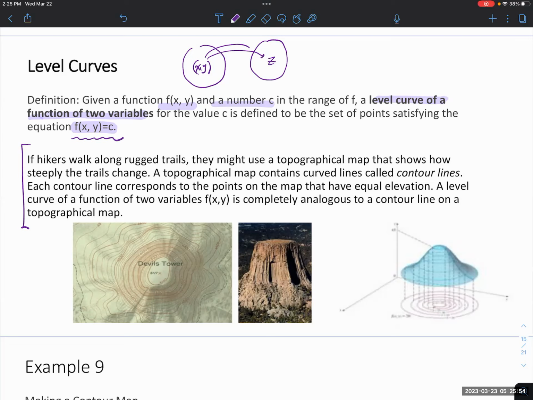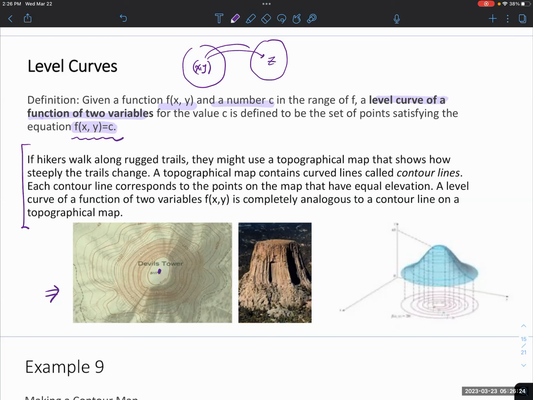I tried to find an example to talk about level curves. So if a hiker walks along logged trails, so we see this is a trail map, they might use a topographical map because in the mountain, you want to arrive at the top of the mountain, right?